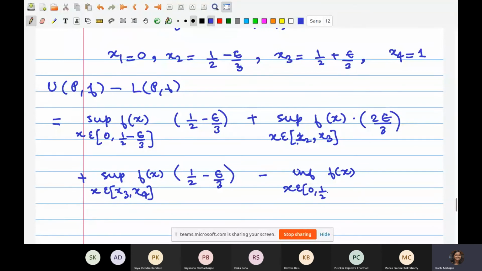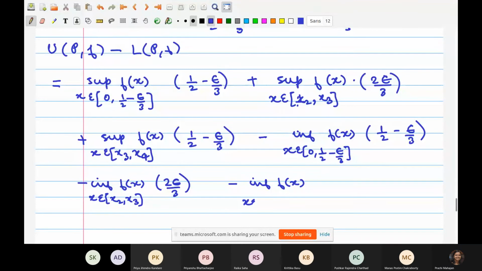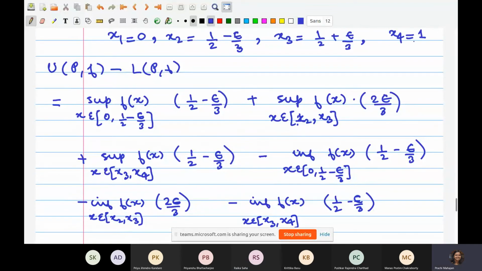So x coming from x0 to x1, I have the length of this subinterval, and then the infimum of f times 2 epsilon/3, where this infimum is over the interval [x2, x3], and the last term is the infimum of f over the subinterval [x3, x4] times 1/2 minus epsilon/3. Is that correct? Yes, ma'am.